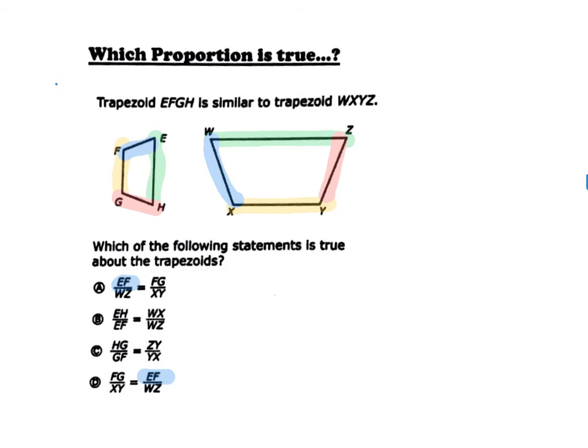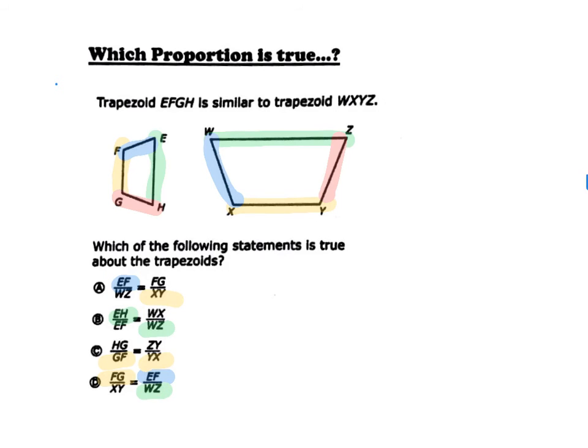Alright, so yellow is FG and XY. Alright, and WZ and EH, I think. Yeah, EH, WZ.